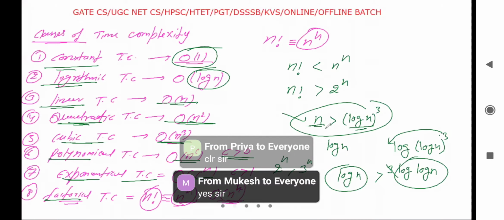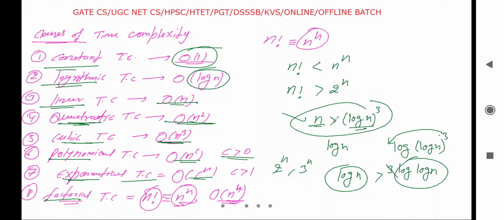Okay, clear, fine. Now let's see the next one. Next one is n, and this one is log of n power 100.